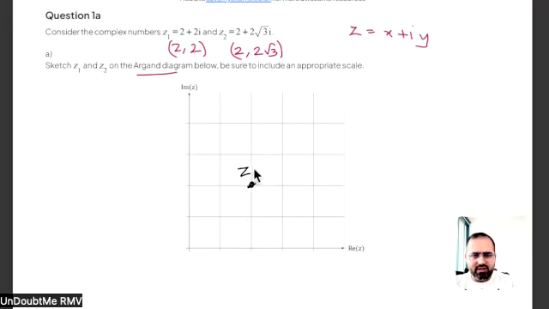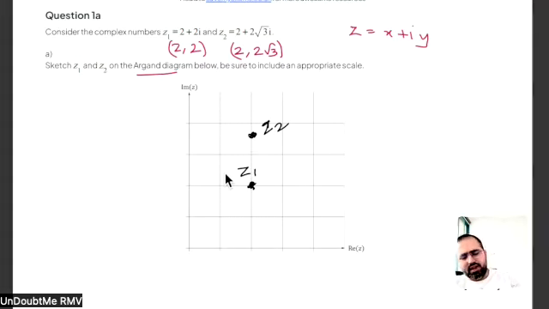We have to write this as Z1, and another one is (2, 2 root 3). 2 root 3 will be approximately 3.5, so it will be over here. So that's what we have to do in this question.